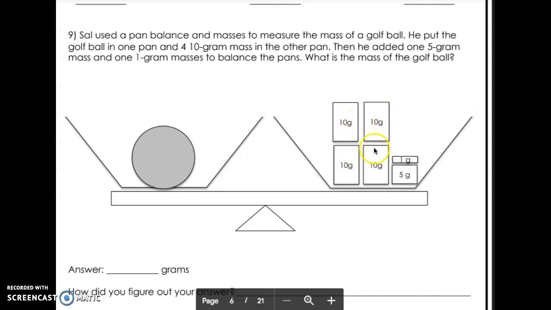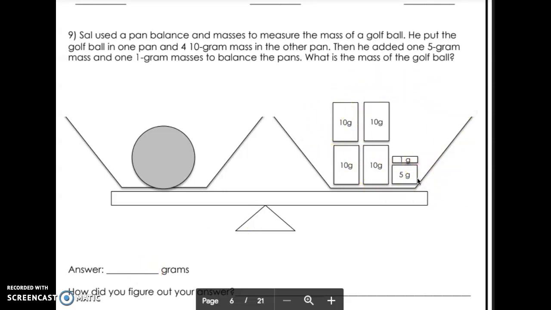So 4 10 gram masses on the other pan, and then he puts a 5 gram and a 1 gram. What is the mass? Now it's balancing. It's the same on both sides. So that means that this ball weighs as much as all these weights over here. So the question is, how many weights are over here?